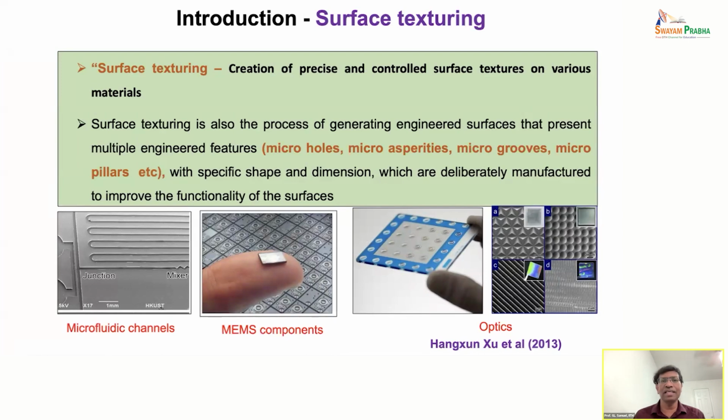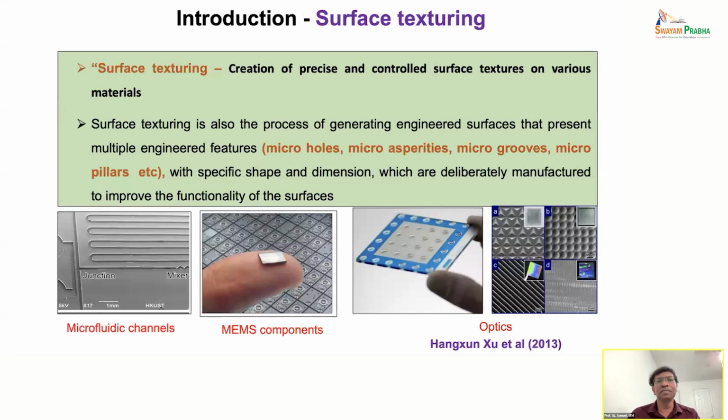But we find that in many modern applications, we don't want a randomly generated surface, but a specific, systematic, and repetitive kind of surface. How do we do that? That is what is called surface texturing.